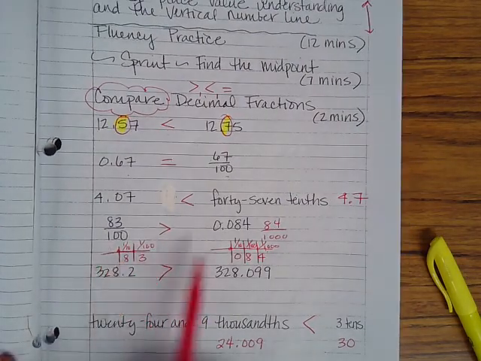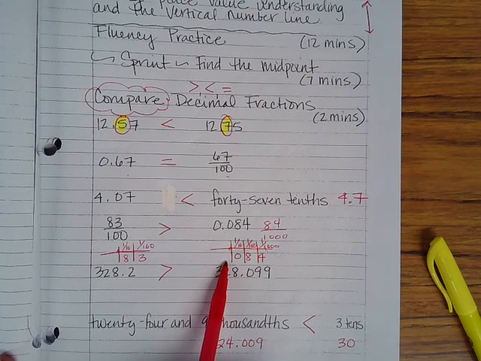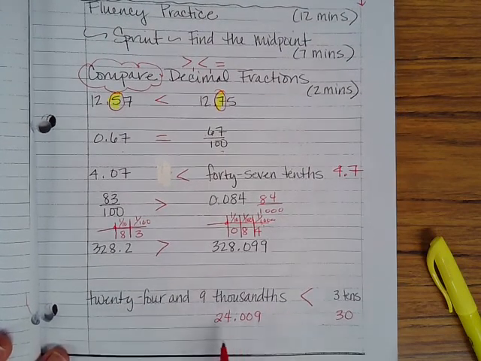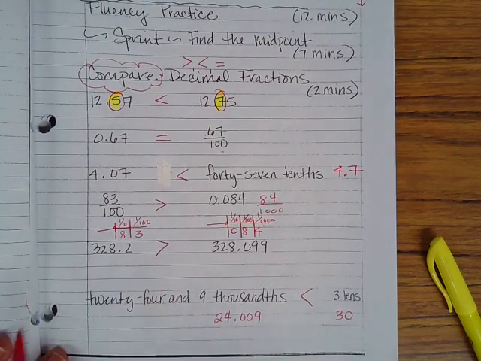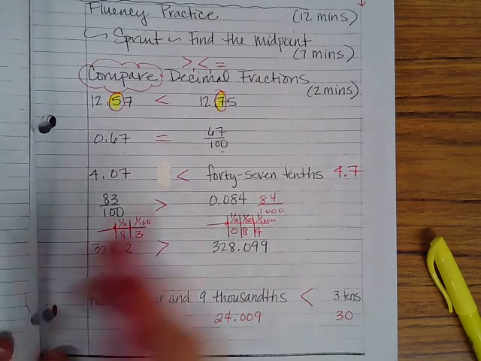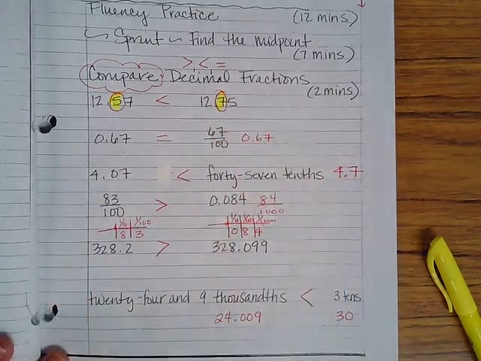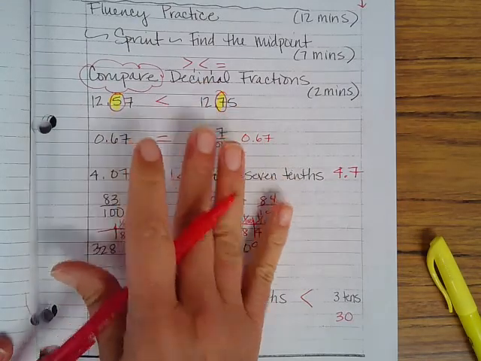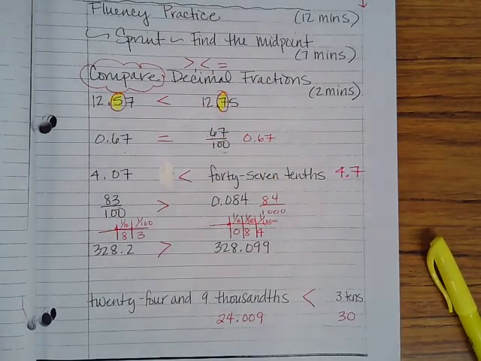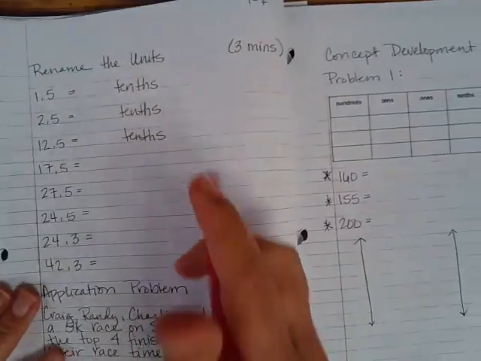I'm adding these extra notes just to help explain it a little better. Notice that I'm not afraid to write things out. Write on your paper, it helps you understand it better. So 67 hundredths is the same as 67 hundredths. Go back and watch the video if that is still difficult for you, because you want to be able to go forward knowing how to round and how to know how much value a decimal or a fraction has.